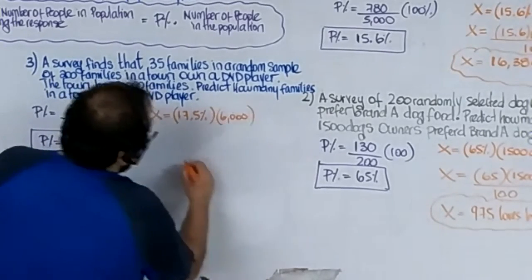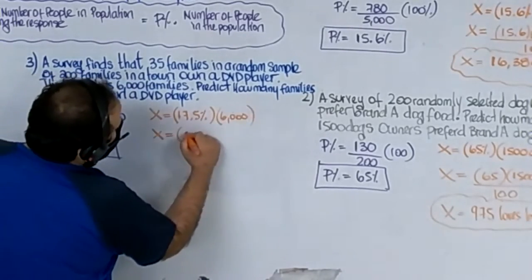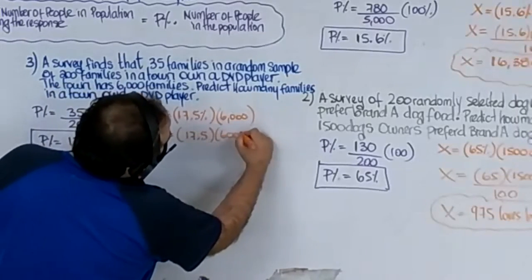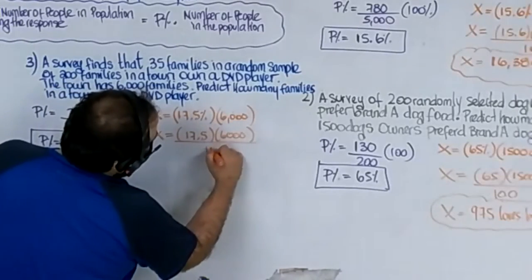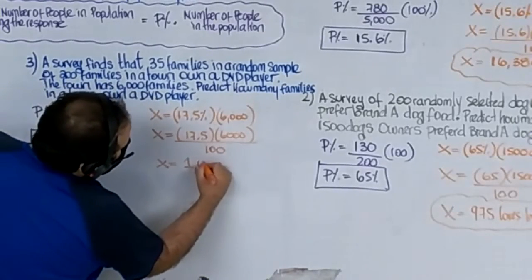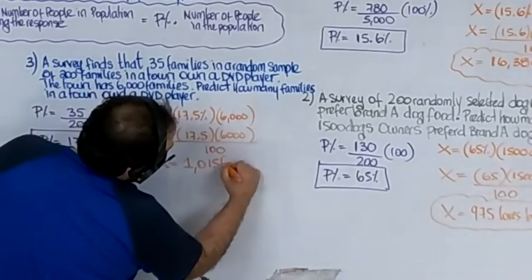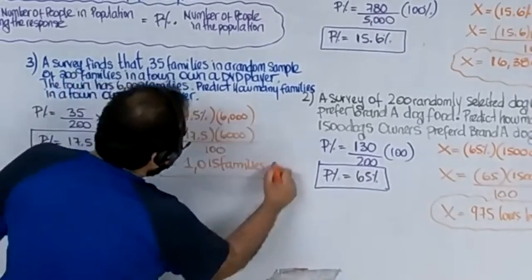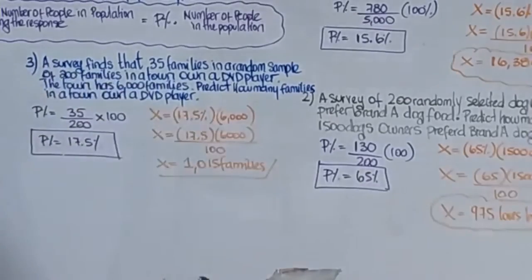In simple words, 17.5 times 6,000 divided by 100. And that's it. That's all that you have to do.